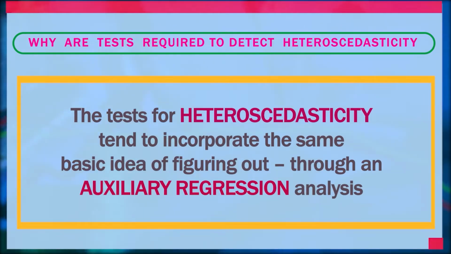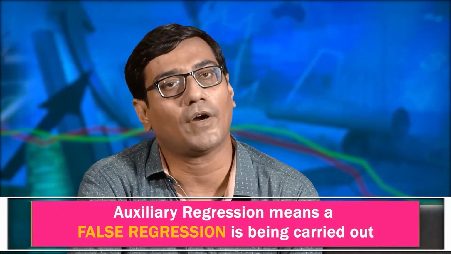Thereby the tests of heteroskedasticity incorporate the basic idea of running an auxiliary regression. Auxiliary means a false regression is being carried out, and based on it, we want to find out what problem is encountered and how the problem can be rectified.